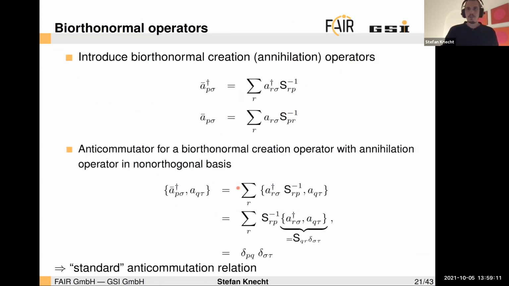And the question is, how can we exploit that? So we introduce bi-orthonormal creation and annihilation operators in this way. And if we now look at the anti-commutator for a bi-orthonormal creation operator with an annihilation operator in a non-orthogonal basis, we can see, okay, now this gives us the standard anti-commutation relation back.